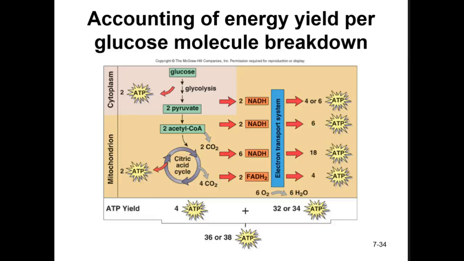However, all of the NADH and FADH2 that was generated through glycolysis and the citric acid cycle is then used to turn on the oxidative phosphorylation and the ATP synthase enzyme in order to generate 32 to 34 ATP, with a total yield of 36 or 38 ATP for every molecule of glucose.